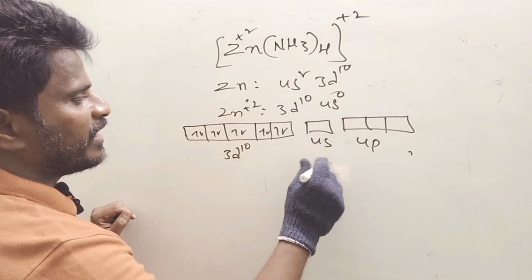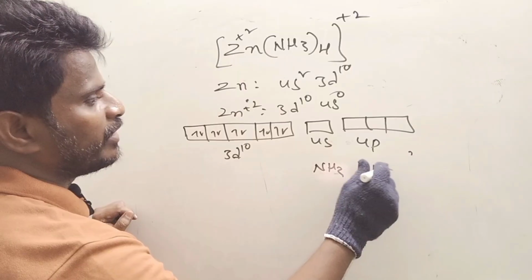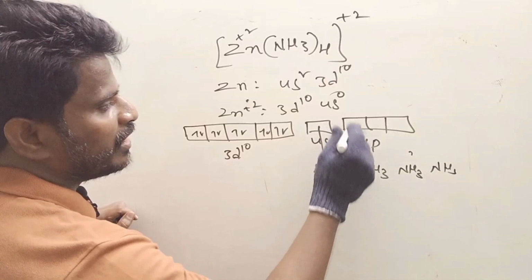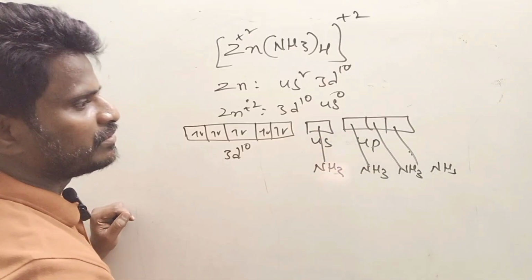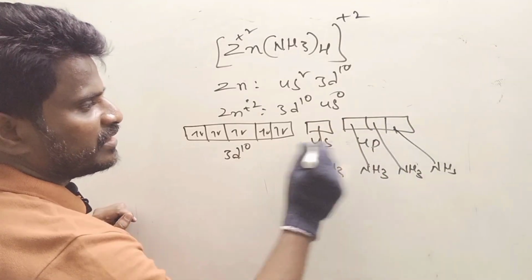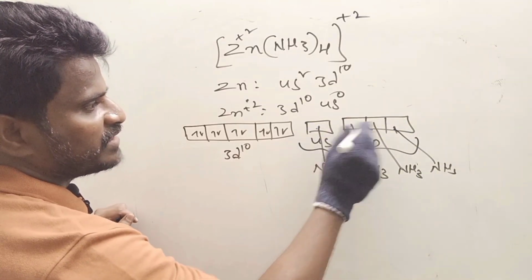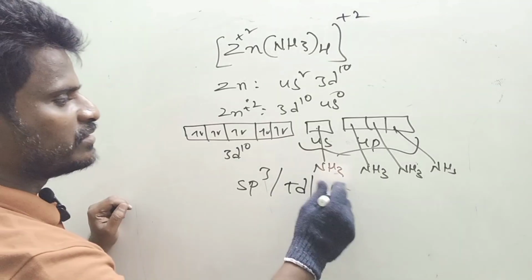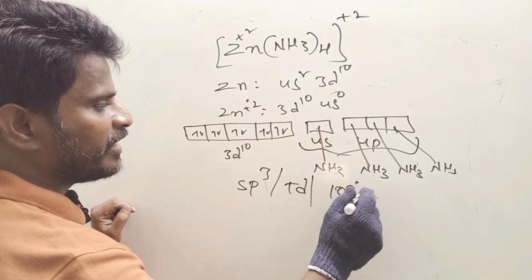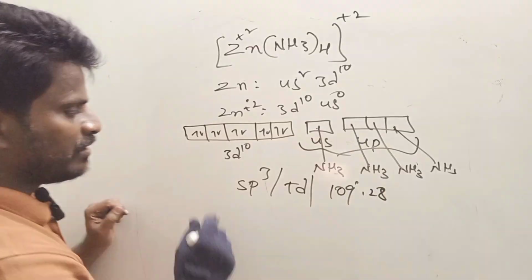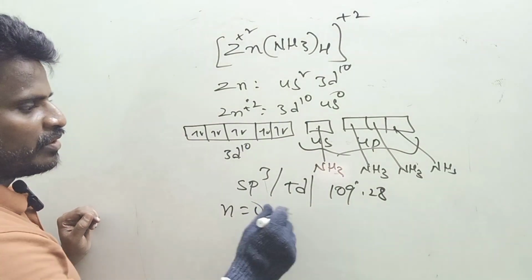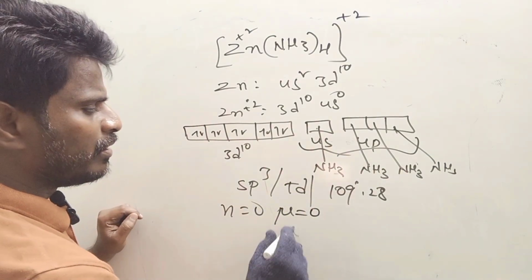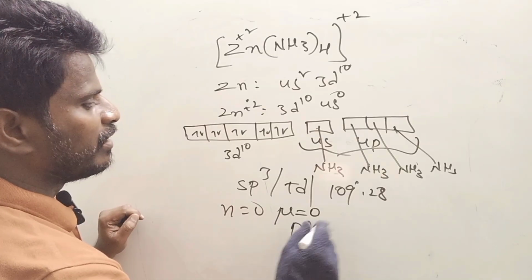There are 4 amine ligands. Each amine donates one of its lone pairs to one s orbital and 3 p orbitals. Then its hybridization is 1s and 3p. It indicates sp3 hybridization, tetrahedral geometry, bond angle 109 degrees 28 minutes, n value 0, magnetic moment 0, and diamagnetic.